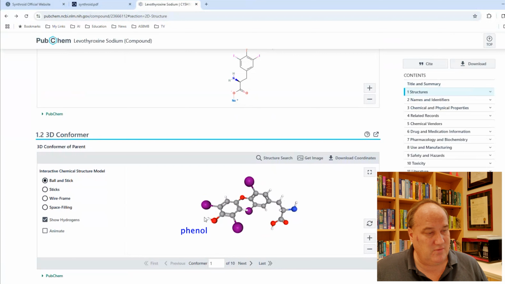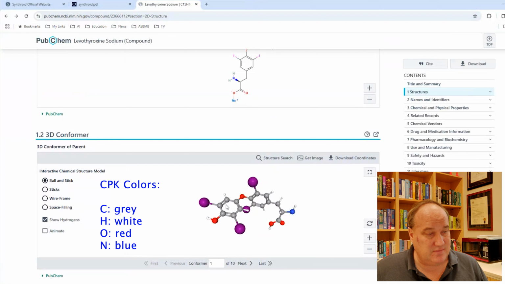So over here we see a phenol OH, so that's an OH connected to a phenyl ring. The big purple atoms are iodine atoms, so there's 4 of those. Anything that's in gray is a carbon atom. Anything that's in red is an oxygen atom. Anything that's white is hydrogen. Anything that's blue is a nitrogen atom, right?